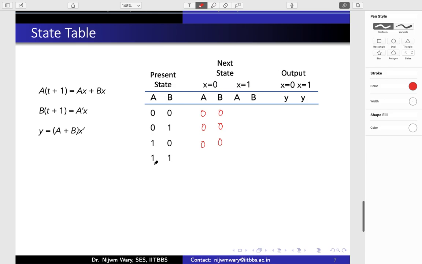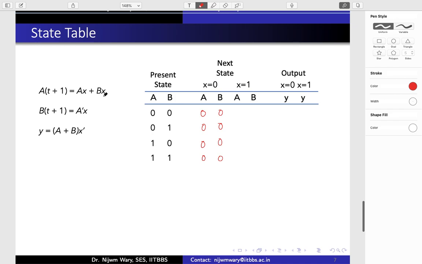For example, in this case A and B is 1 1 and x is 0, so we know that the next state will always be 0 whenever x is 0, so we can just directly write it as 0 0. The next state of A and B both will be 0 whenever x is 0.